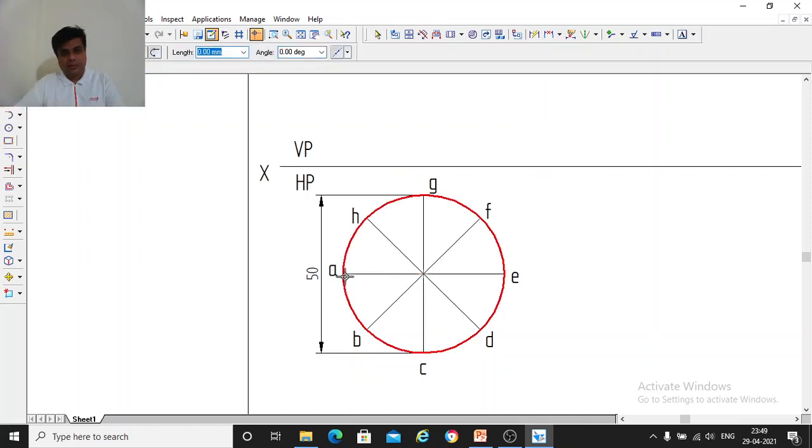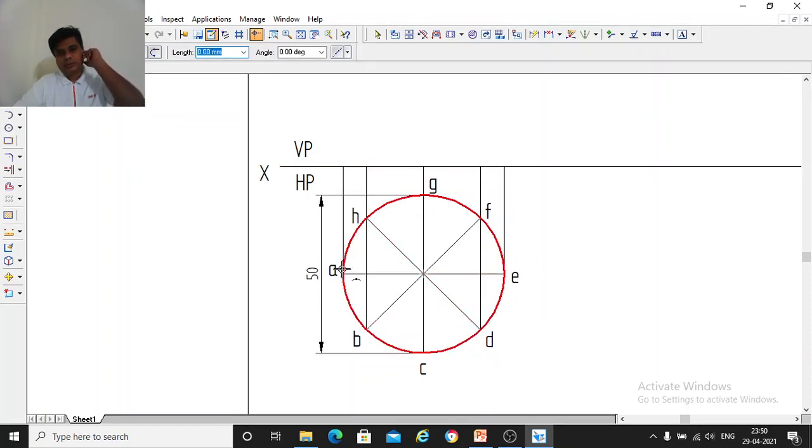So from all these points, you draw a vertical line to the XY line. So from all these points, you draw a vertical line touching that XY line, right?